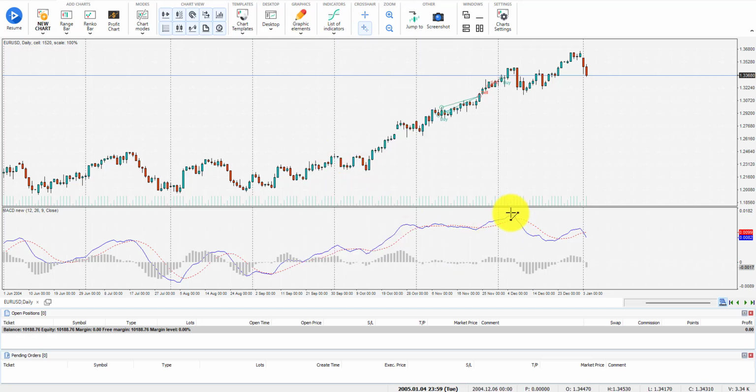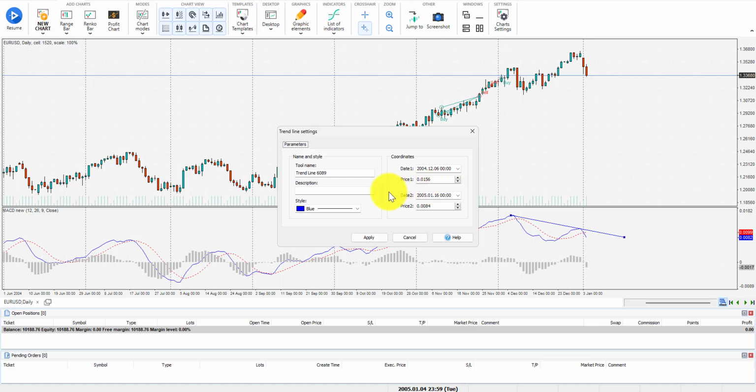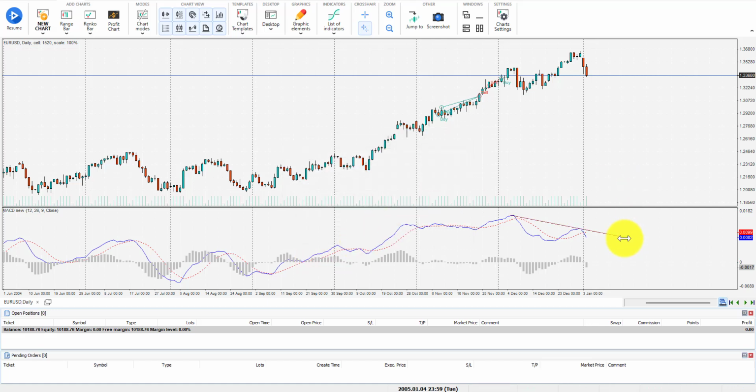So this is what I'm looking at. I've got a higher high on price, but yet I've got a lower high on my MACD down here. You see that right there? So I've got a lower high there, but yet I've got a higher high right here.